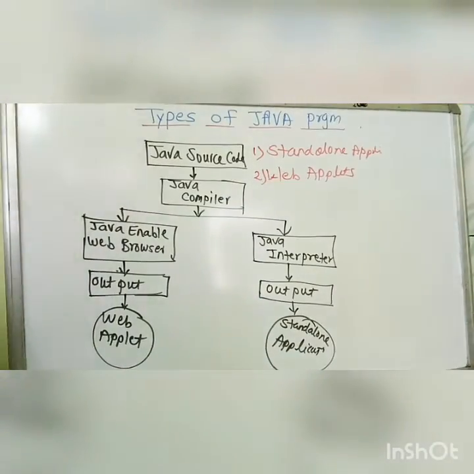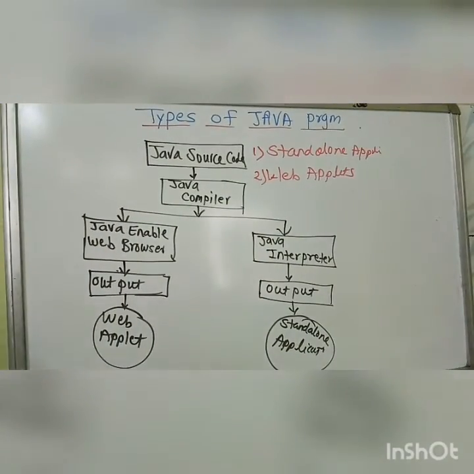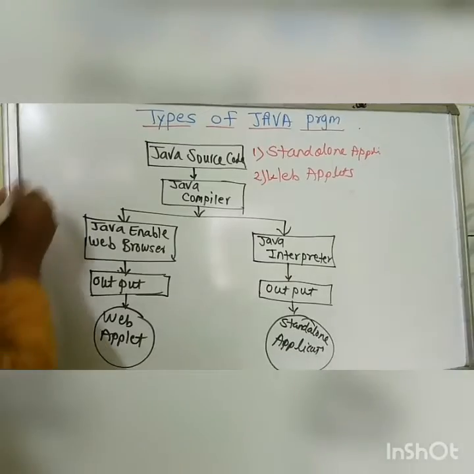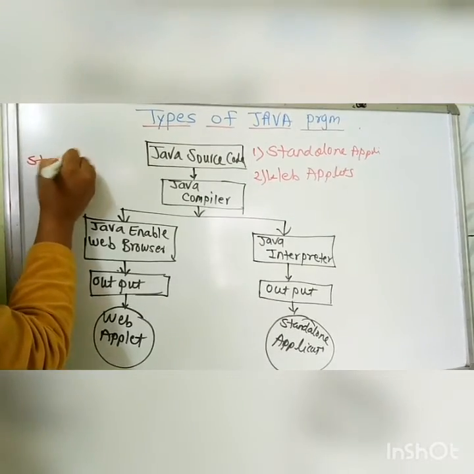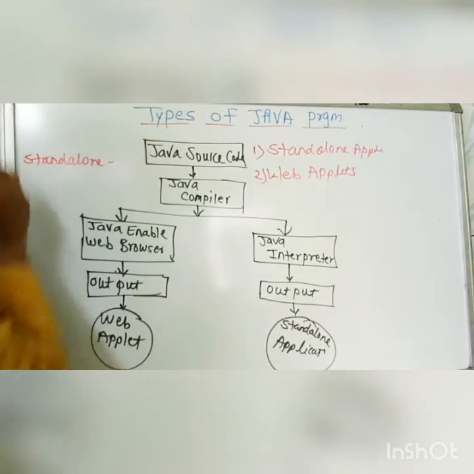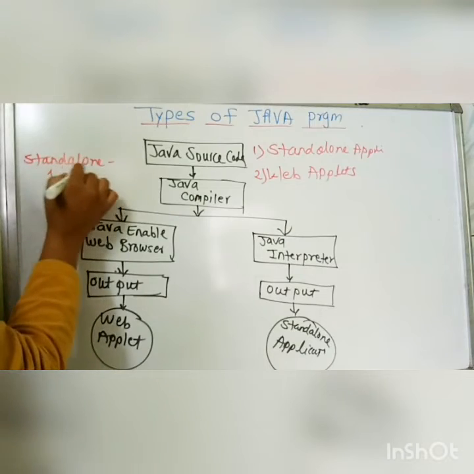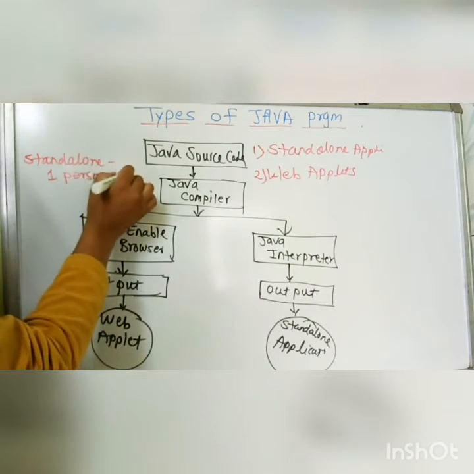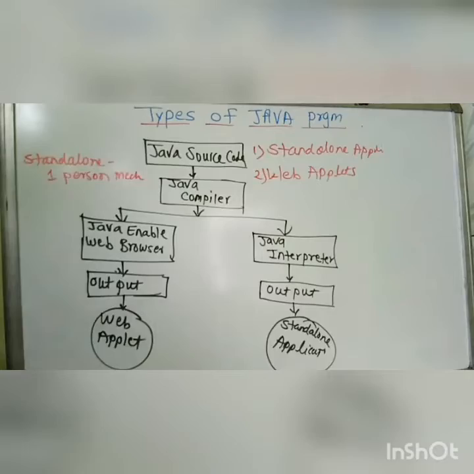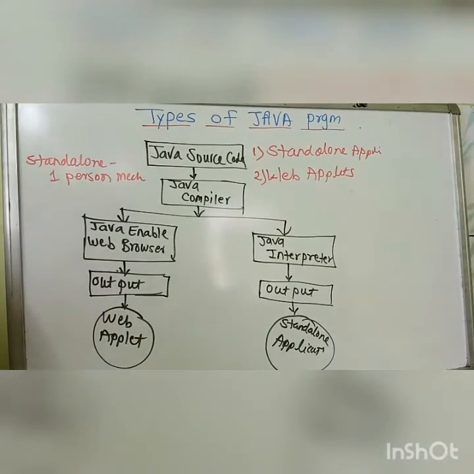First of all, we will see what is a standalone and what is web based. The term standalone is nothing but a one person mechanism, meaning only one person develops it for itself, or it can be given to another 2, 3, 4, but a limited number of users. That is known as a standalone.